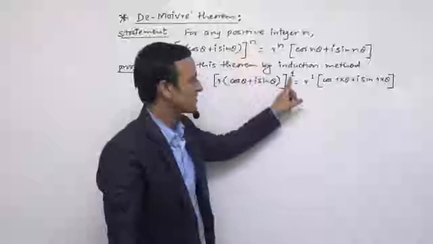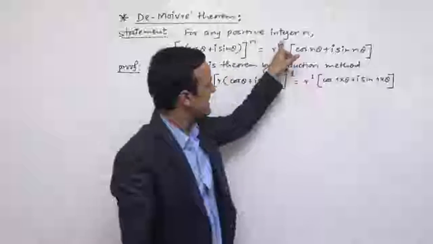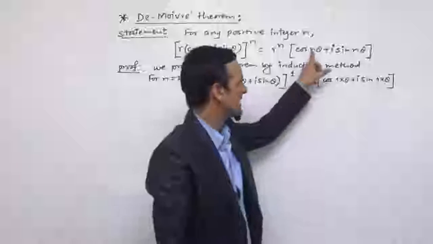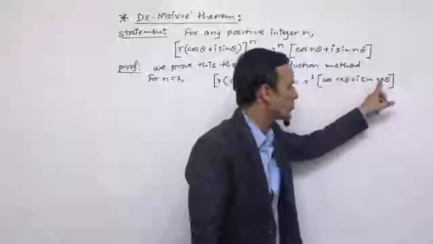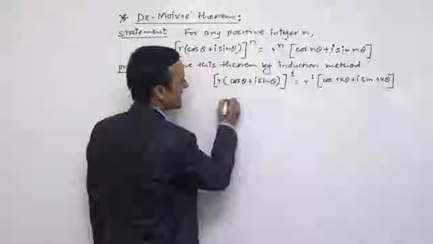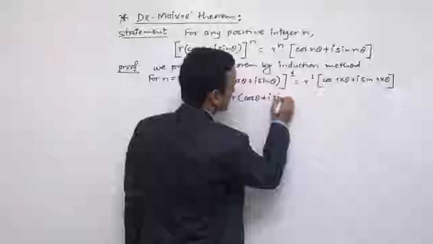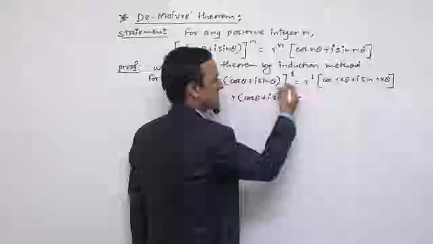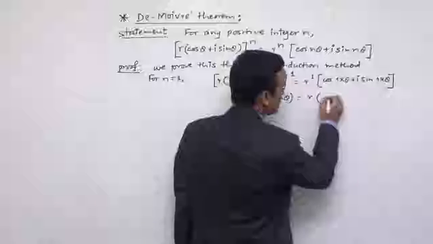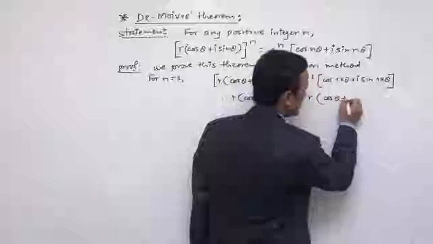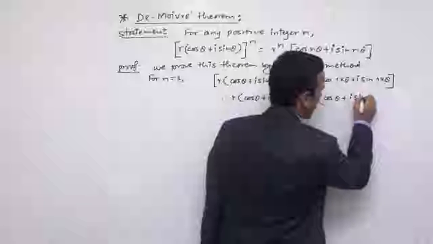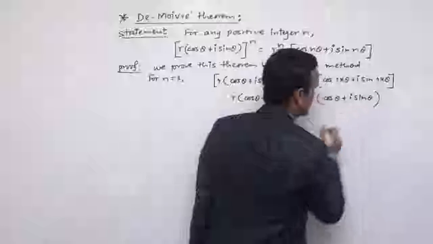This n converted into 1 and this n also changes to 1. So we get r times cos theta plus I sin theta power 1, doesn't matter, and r times cos 1 times theta means it is theta and I sin 1 times theta means it is theta.